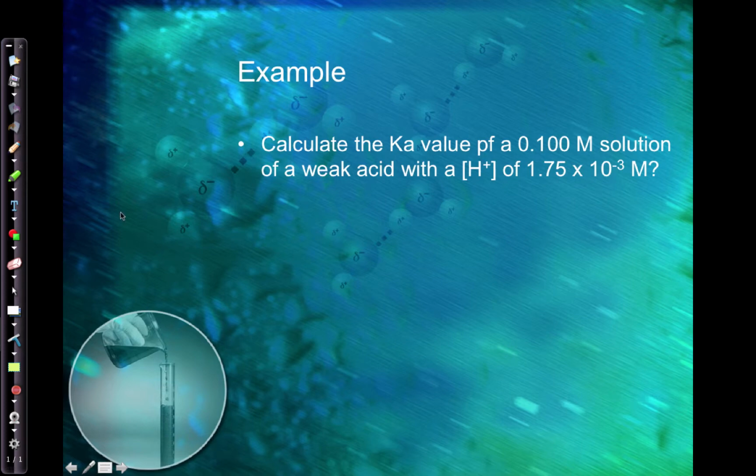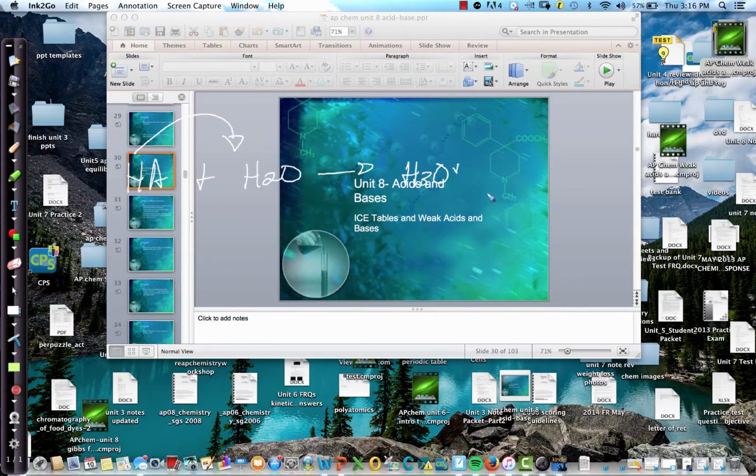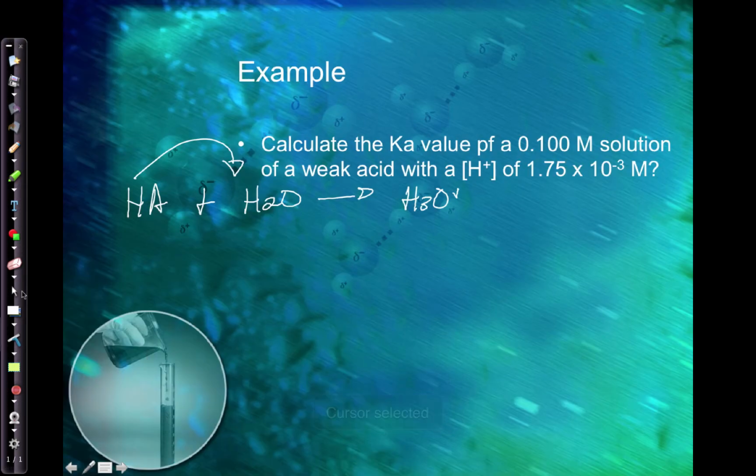So let's write out our equation. Weak acid, some weak acid, doesn't matter what it is, plus water. Acid, hydrogen was transferred. So I'm going to have hydronium plus the conjugate base.